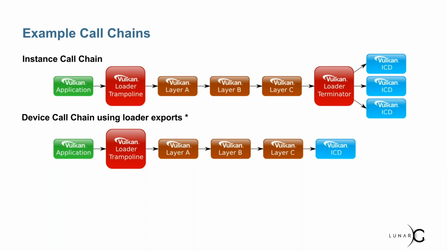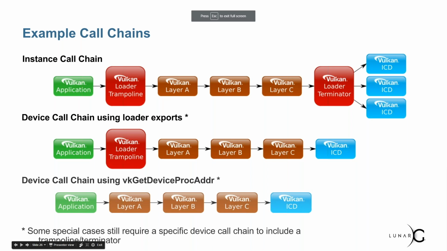In that case, you would need a terminator, and it would look more like the diagram above. But for the vast majority of device calls, you're going to have a chain like this if you go through the loader. If the loader exports it and you call it, this is what it's going to look like.